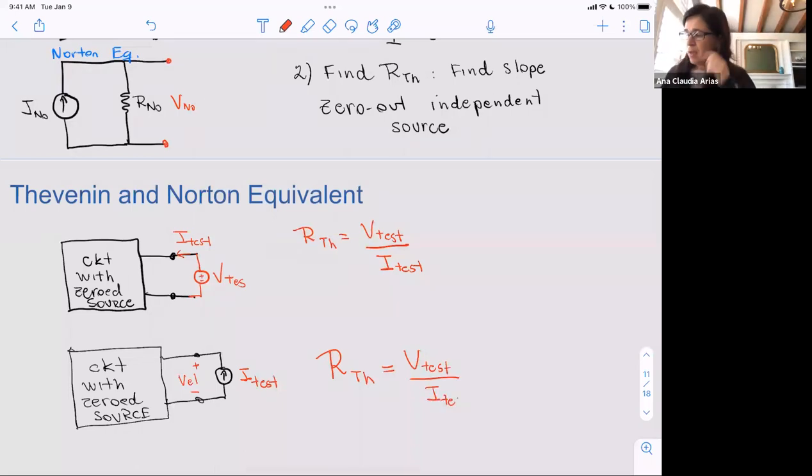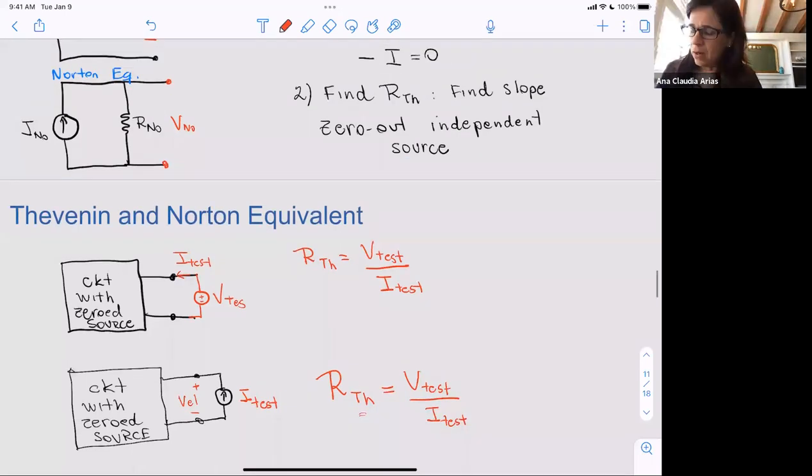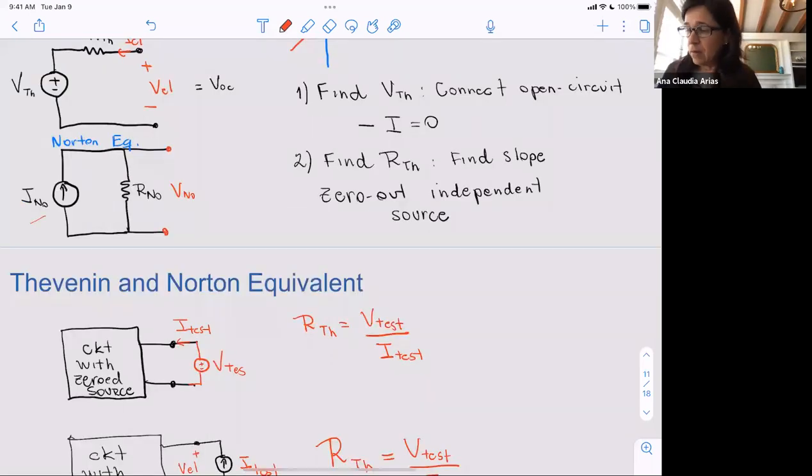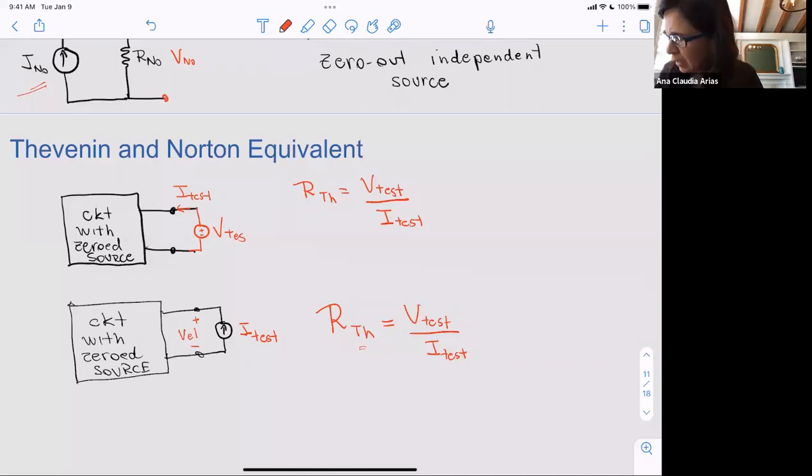So here I call this R Thevenin 2 just because we are used to it. But actually, a circuit here, when we have a current source, is called the Norton equivalence. So I am going to just rename here to R Norton. Why? Because I'm using the current as the test, okay?